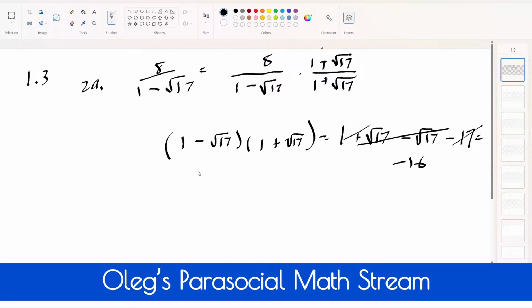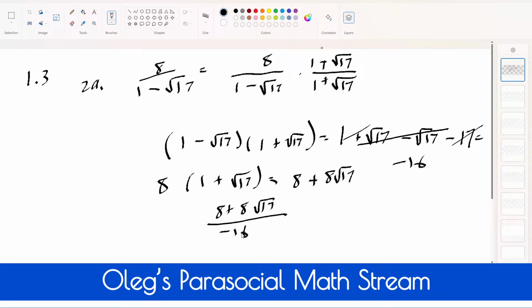So now the top, you have 8 times 1 plus root 17, which equals 8 plus 8 root 17. Okay, so now we have 8 plus 8 root 17 over negative 16. So that's going to be 1, and this is going to be 2.